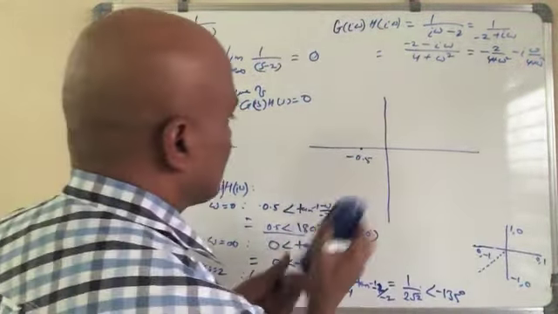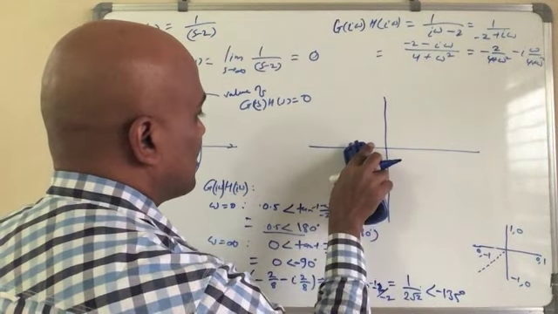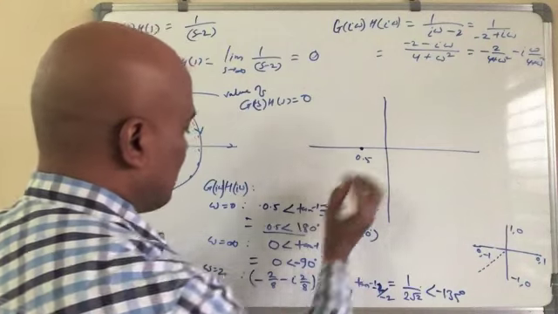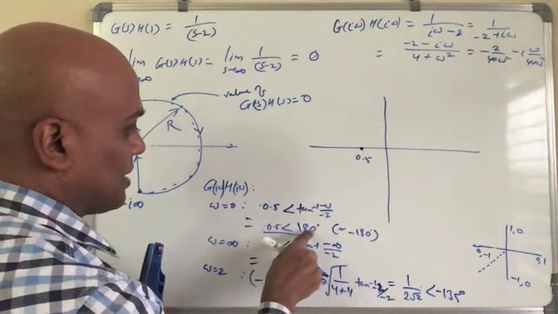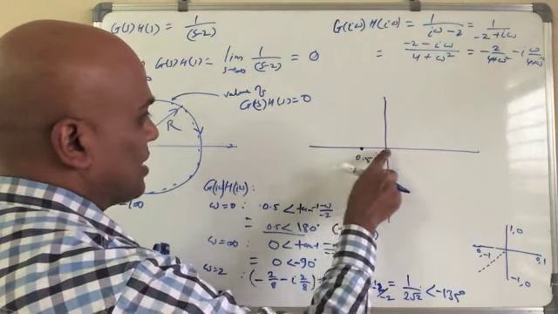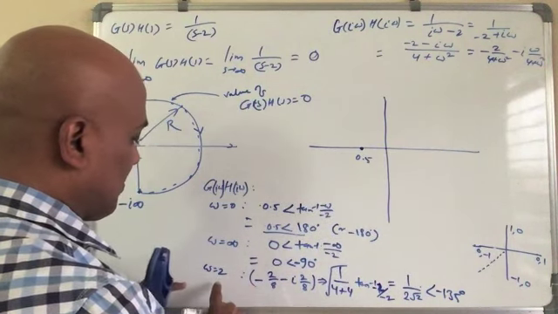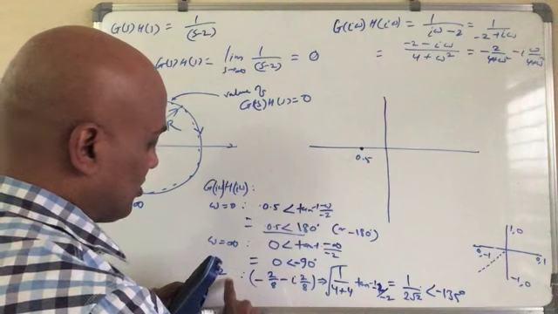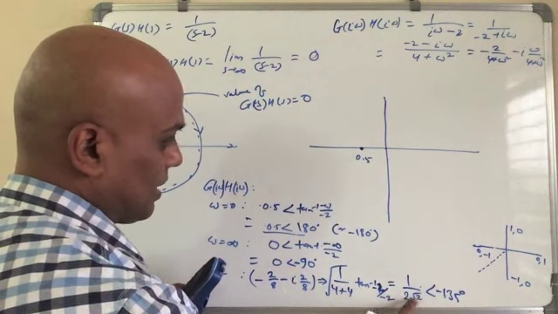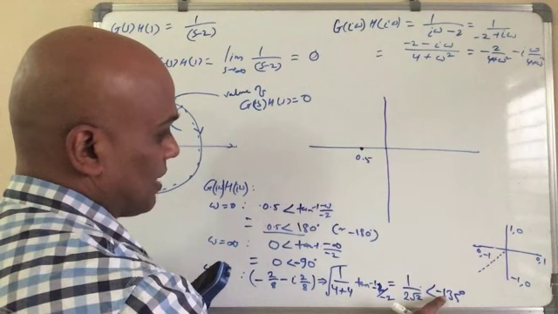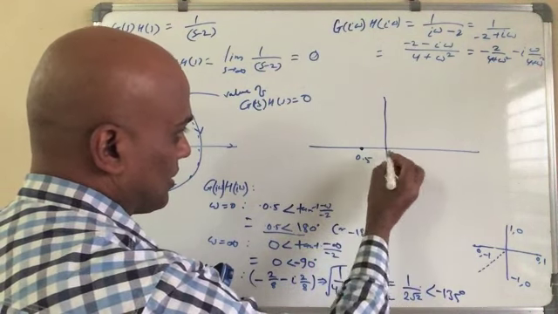So let's plot this one. We have 0.5 here, this is a polar plot, so no negative value. So we have 0.5 at 180 or minus 180 degrees, so we are here. Then next is omega equal to 2, which is this value, less than 0.5, and minus, so on this angle.